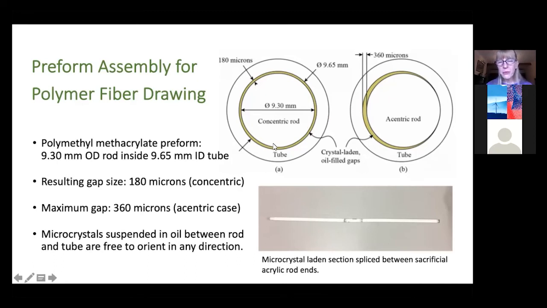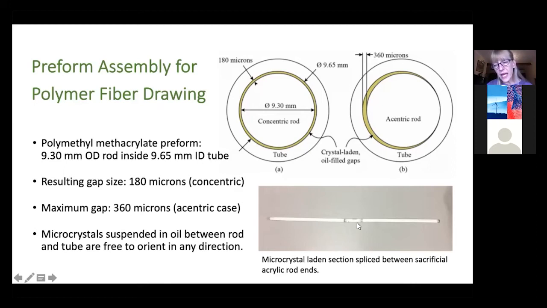The assembly process involves suspending the microcrystals in oil. In this case, it was grapeseed oil. And then putting this section of preform into a longer rod, which can then be drawn into fibers. So it turns out that the ends of the preform are sacrificial.